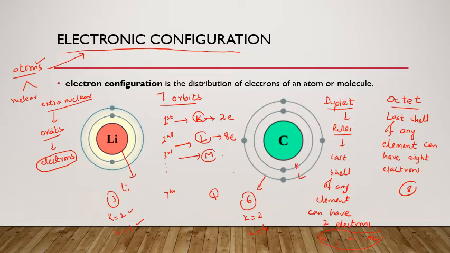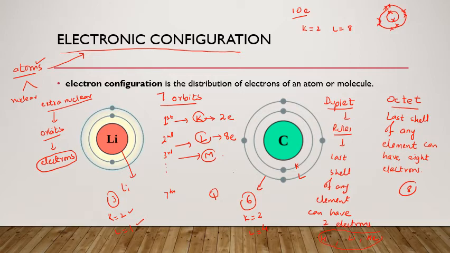For example, if we are considering any element that has, let's say, 10 electrons, then K would have 2 electrons, L would have 8 electrons, and the structure would be something like this. 2 electrons, 1 and 2 in the K shell, then in the L shell 1, 2, 3, 4, 5, 6, 7, 8. That means this comprises 10 electrons.